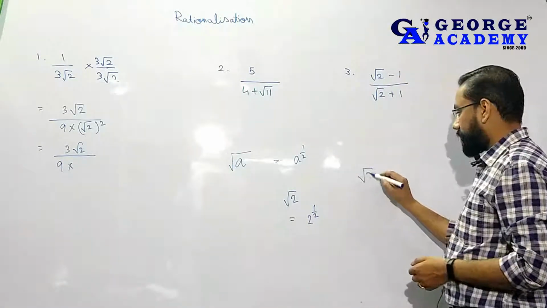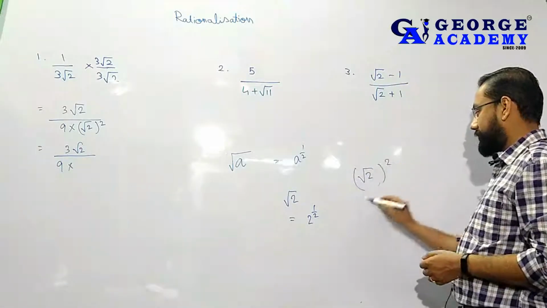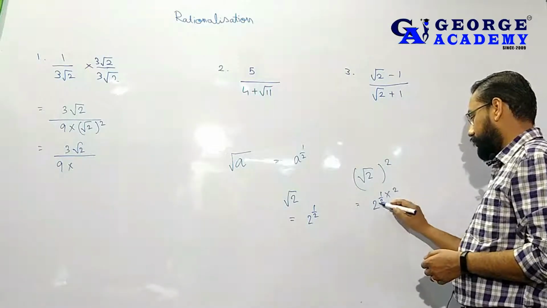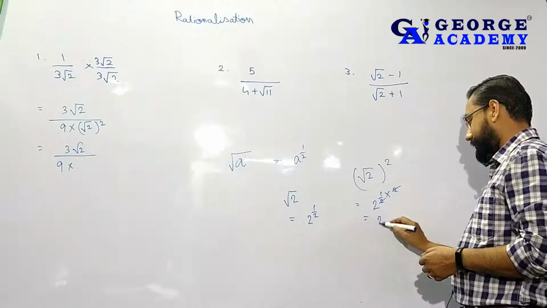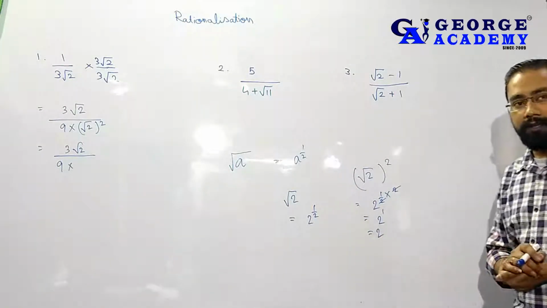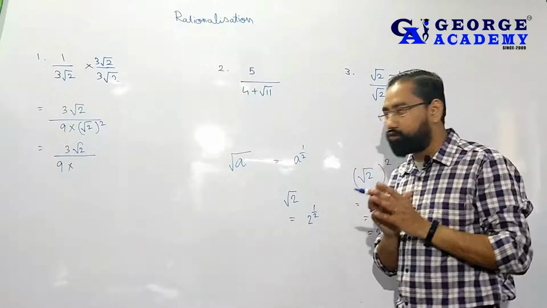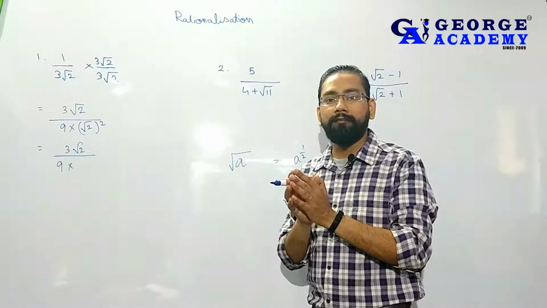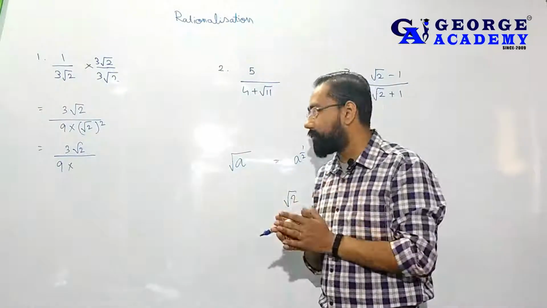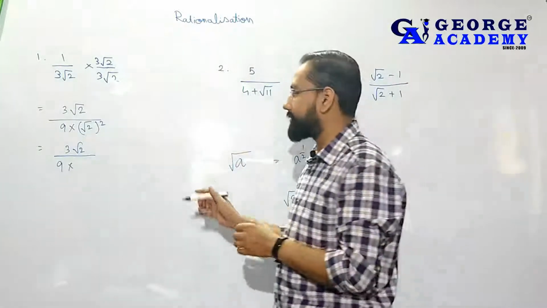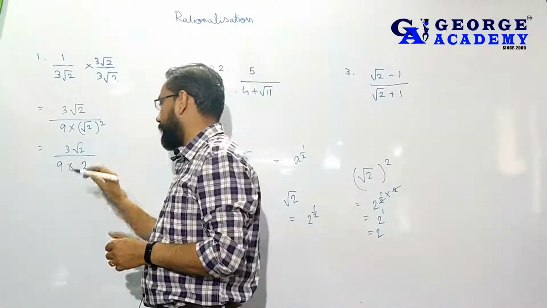And root over of 2 square means 2 to the power of half into 2, so this 2 and this 2 will get cancelled, giving 2 to the power of 1, which is equal to 2. That means if we have root and square, both vanish. We write only the number. That means root 2 square is only 2.